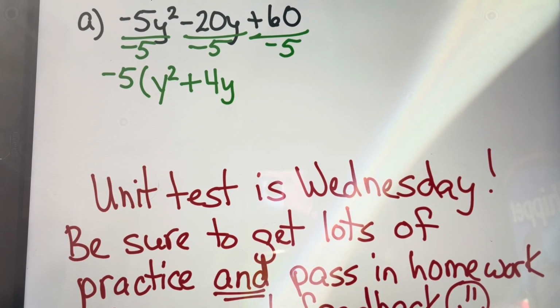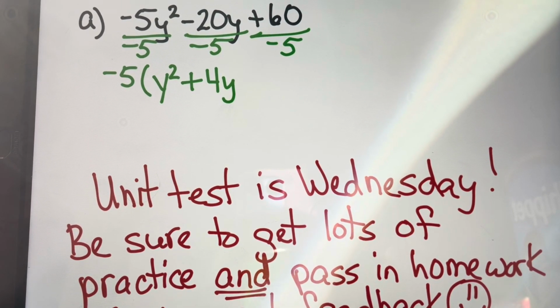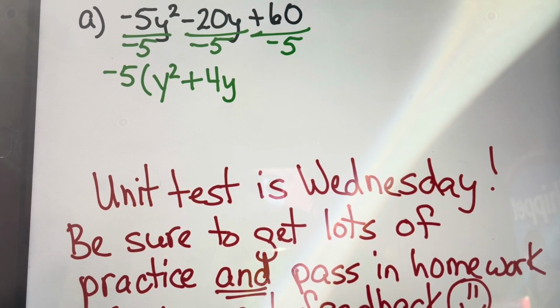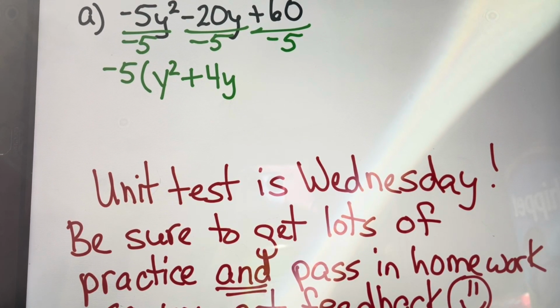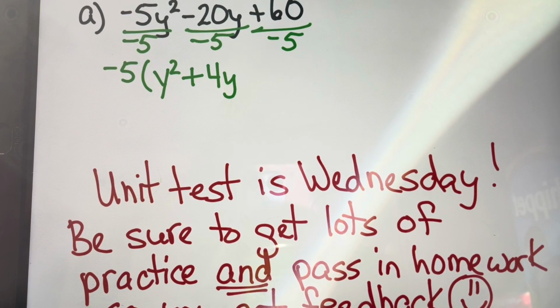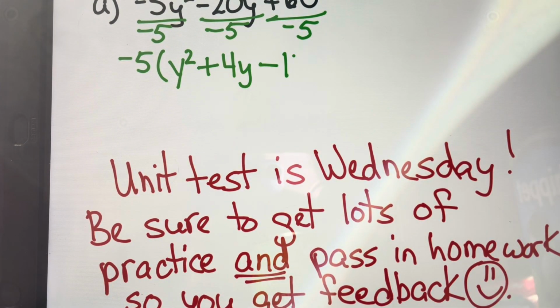Negative 60 divided by negative 5. I know 5 times 6 would be 30. So double that would be a 60. So 12. And it's got to be negative because in that division, there's an odd number of negatives, and so negative wins. What did I say? Negative 12, I think.